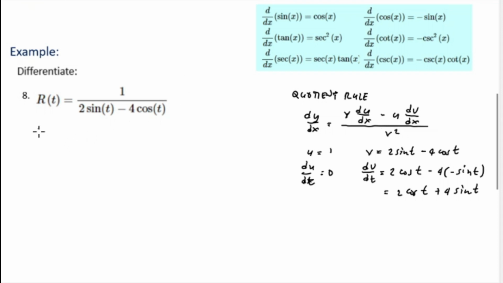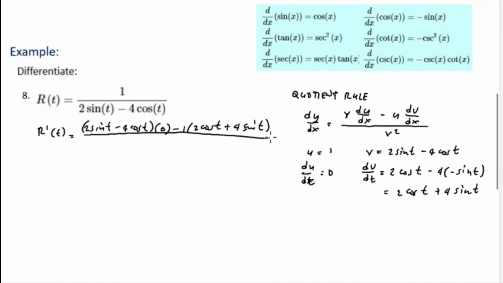This will be r prime of t, equal to v, which is 2 sine t minus 4 cosine t, in parentheses, times the derivative du over dt, or 0, minus u, which is 1, times the derivative of v, which is 2 cosine of t plus 4 sine of t, and we divide by v squared.